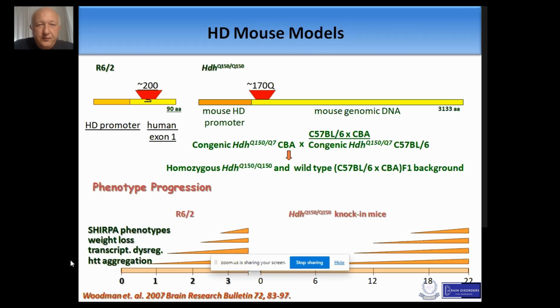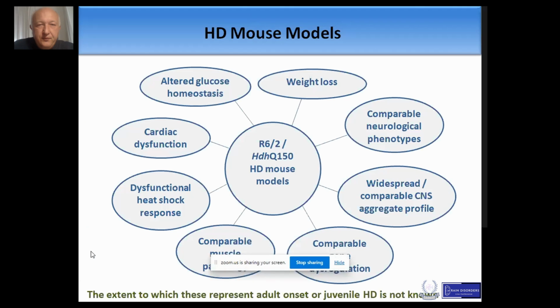People mention that the fragment models are basically a representation of the juvenile form of Huntington disease. They are highly comparable, so any phenotypes found in the fragment models like R6 models, and then the full-length like HdhQ150, can be detected in both.